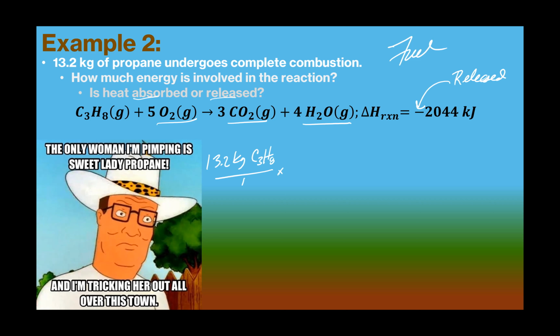We've got to get this to grams so we can use our molar mass, which I didn't give us, but I would give you. 1 kilogram is 1,000 grams. Our molar mass tells us that 44.11 grams of C3H8 is 1 mole of C3H8.